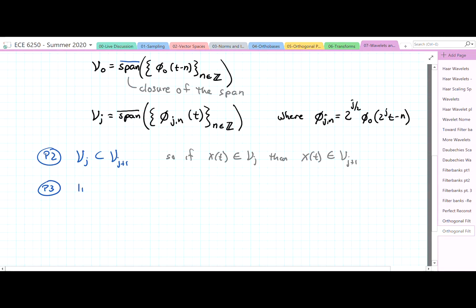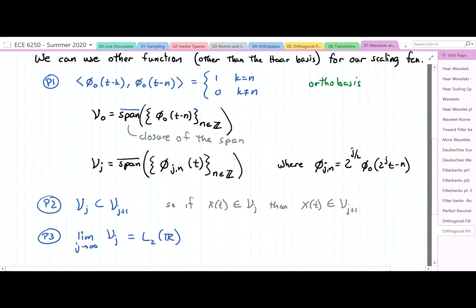In other words, the limit as j goes to infinity of Vj, we want that to be L2 of R. In other words, we now have a basis for all x in L2 of R. So, there's nothing here specifically about the Haar wavelet basis, and in fact we can choose other bases that will work.